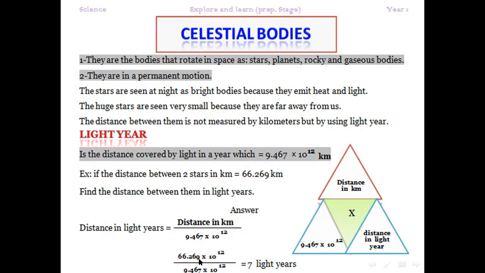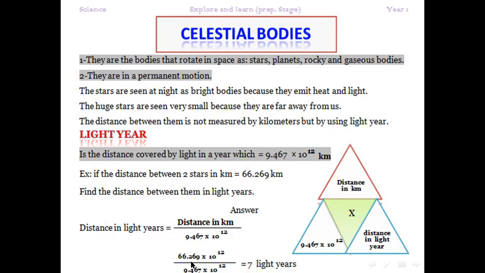And in order to convert into light year, we have to multiply it by 10 to the power of 12. This number is divided by 9.467 multiplied by 10 to the power of 12.